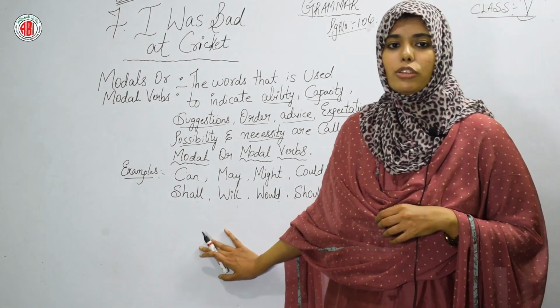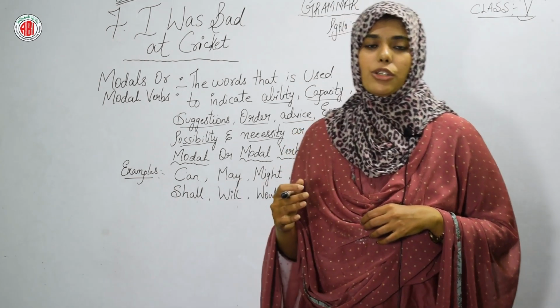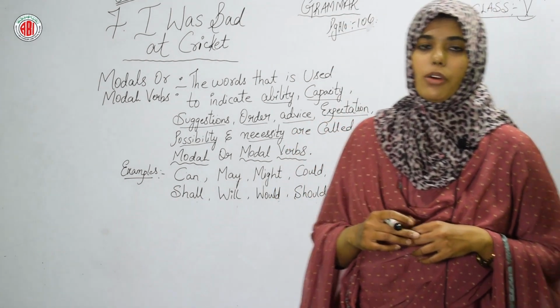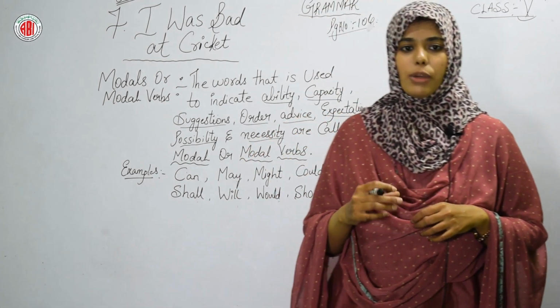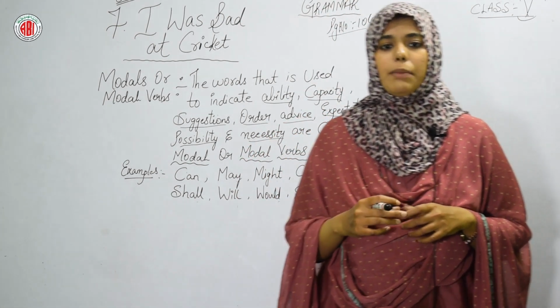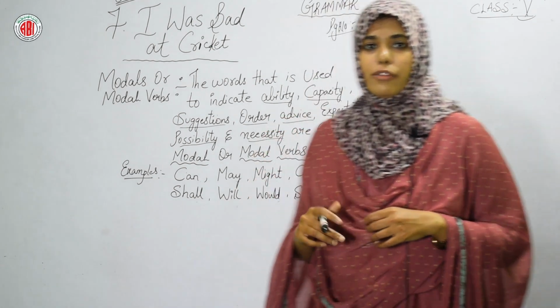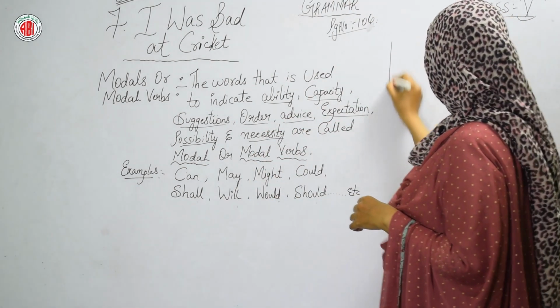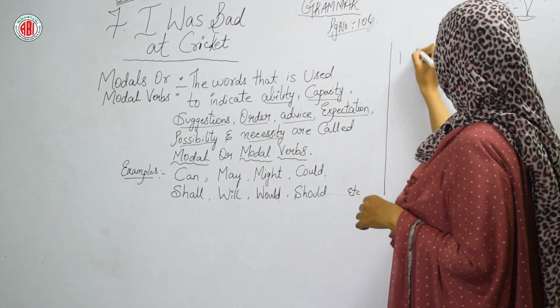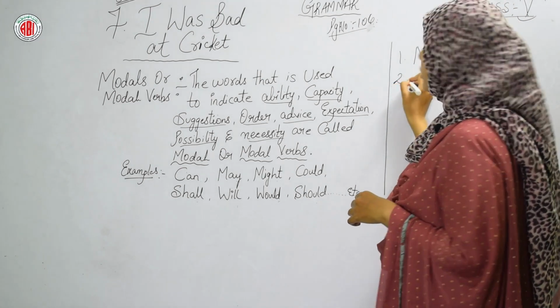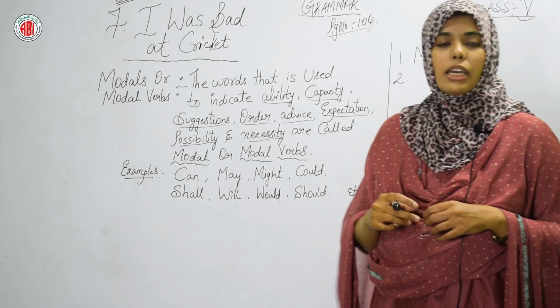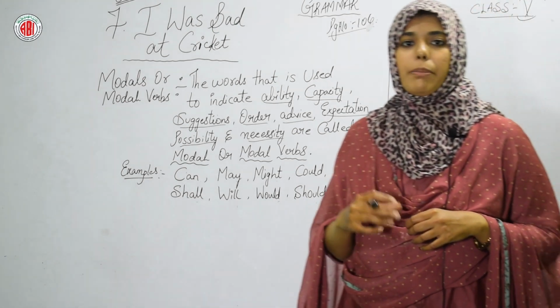So let's move to the grammar as mentioned in your textbook. Observe the following sentences from the story. I knew I must catch it. In this sentence, the underlined word is must. The second is ISRO could have done better.